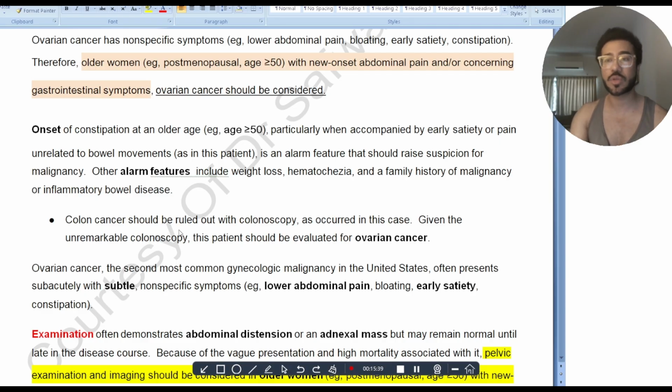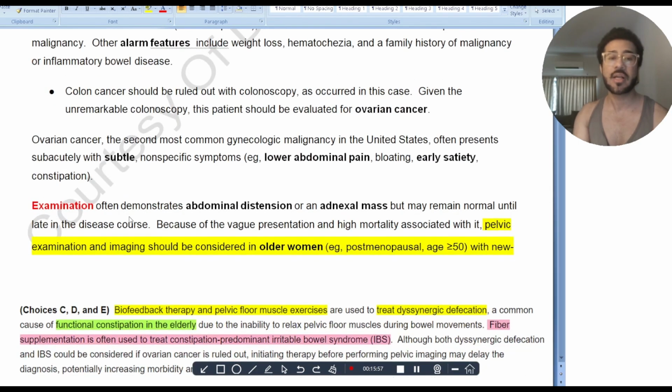Fissures can be ruled out visually. Hemorrhoids can be ruled out by proctoscopy, but then you need to perform a colonoscopy to make sure that nothing else is wrong. After that, you do a pelvic ultrasound in a postmenopausal woman. So I just wanted to give you a breakdown of how investigations move forward.